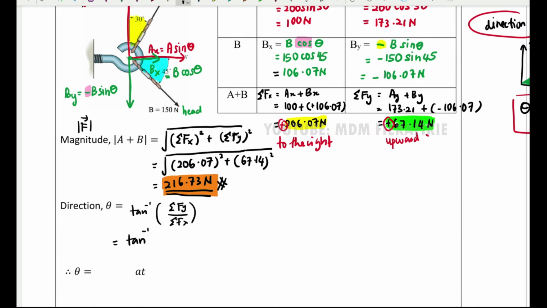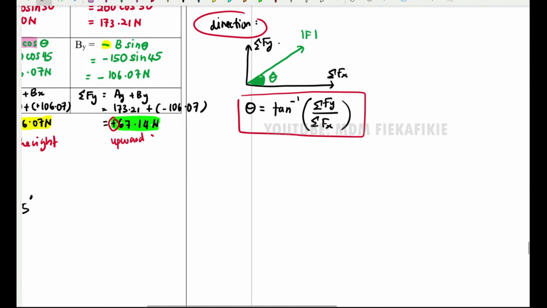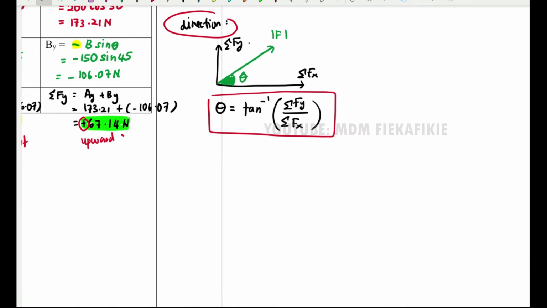Okay, so saya akan kira dekat sini lah. Tangent. Okay, total Fy saya tadi adalah 67.14 over 206.07. So, finally, theta saya. Therefore, okay, ini saya kira lah. Theta is equal to 18.05 degree. Jadi 18.05 degree kita tahu tadi dia adalah daripada gambar rajah ini, you tengok ya.